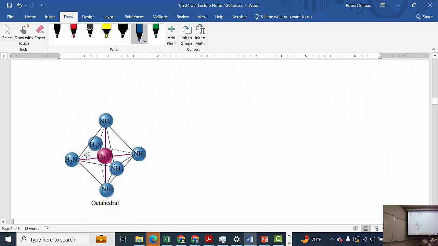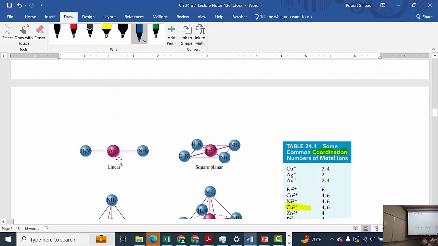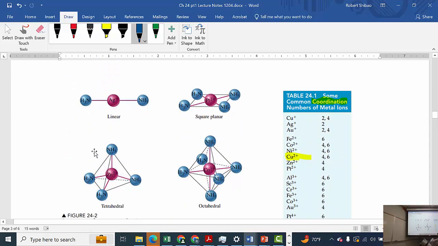If we have 6 bonding pairs, we expect octahedral, right? What if we have 4 bonding pairs and no lone pairs? We expect it to be tetrahedral. VSEPR says tetrahedral, since this has 4 bonding pairs and no lone pairs.